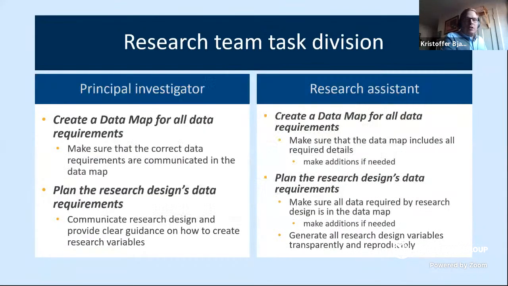So keep asking questions. Here is the research team task division. As usual, the principal investigator is in charge of making sure that the data map is created and correctly communicates their expectations, their vision, and their intent about what all the data products will be.